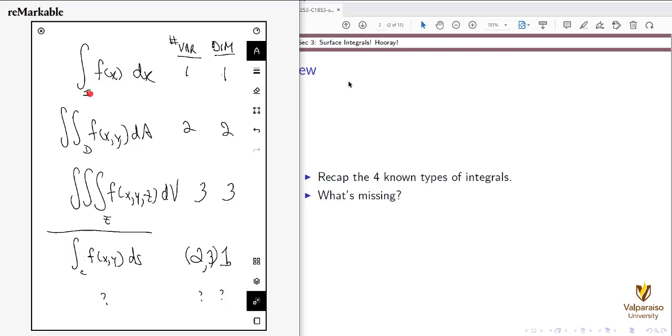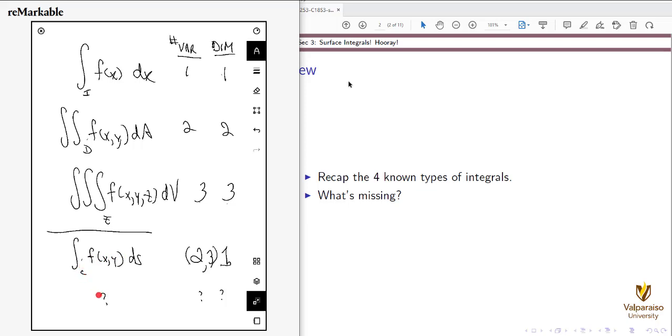Interval, 1 integral sign. Region in the xy plane, two-dimensional, 2 integral signs. Three-dimensional region of integration, 3 integral signs. For a contour integral, it's a one-dimensional region of integration, the contour itself, so 1 integral sign.